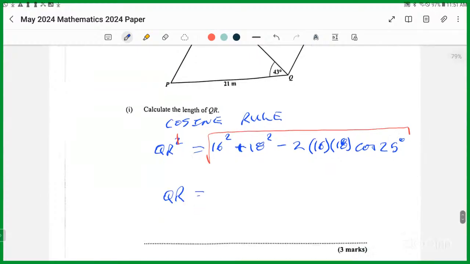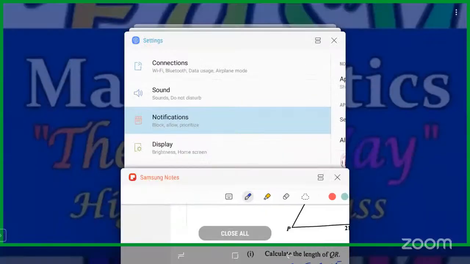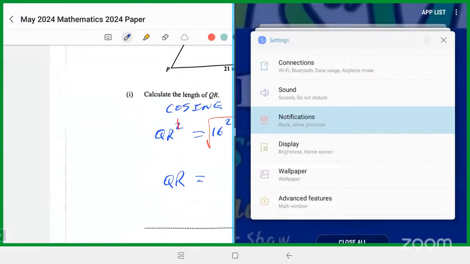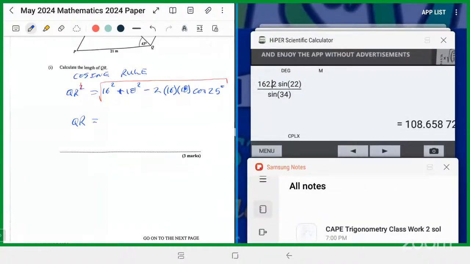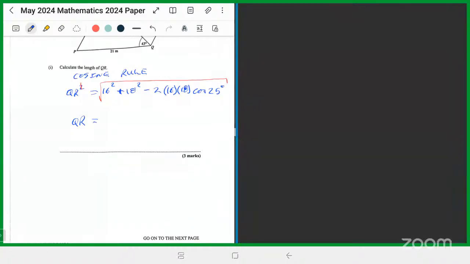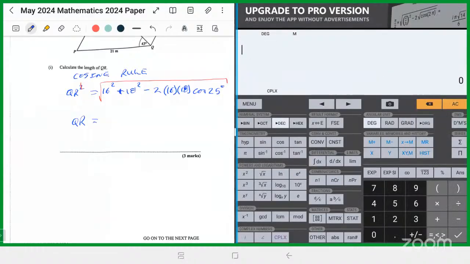I'm going to get the calculator and work it out. So we're going to write square root. I'll put everything under the square root sign.